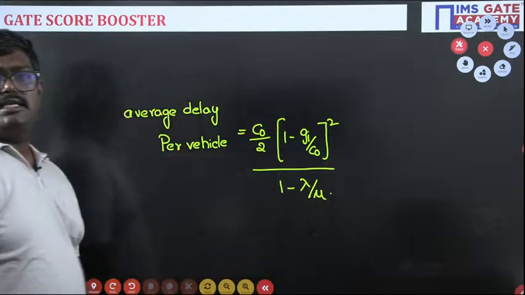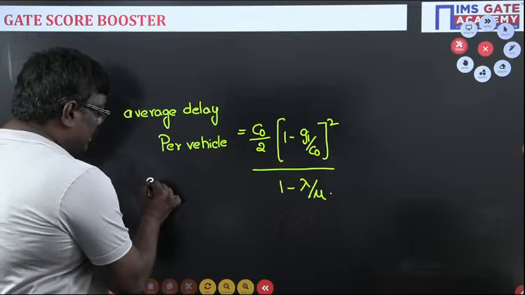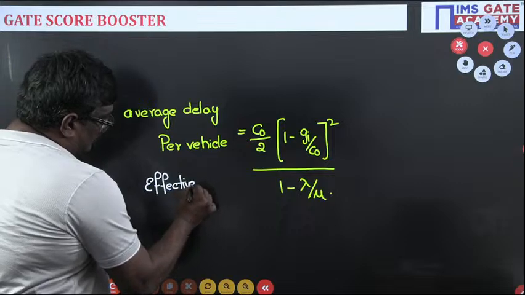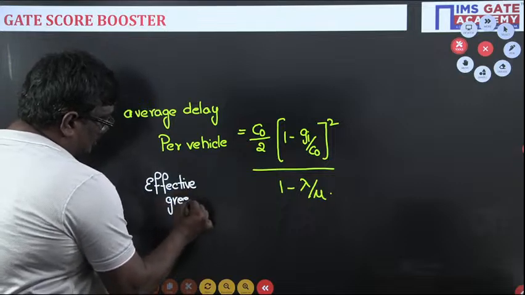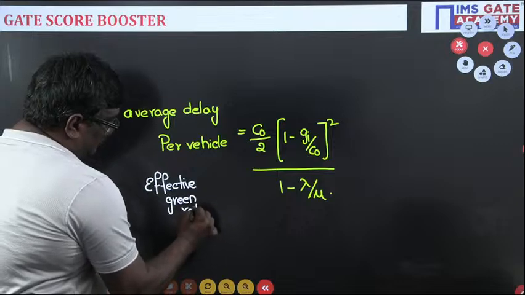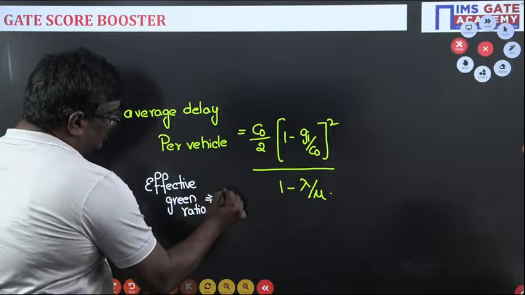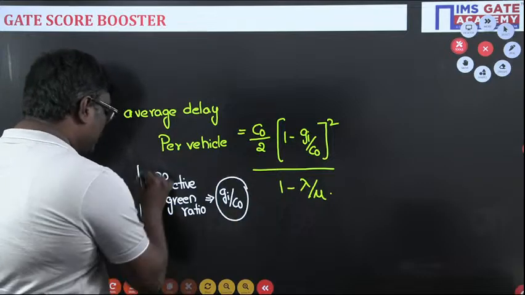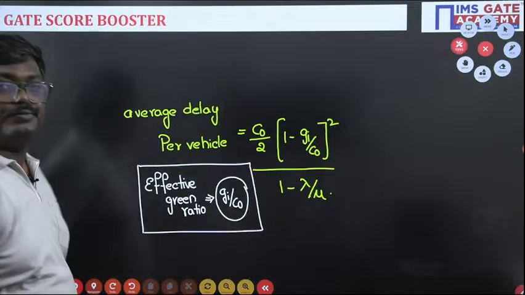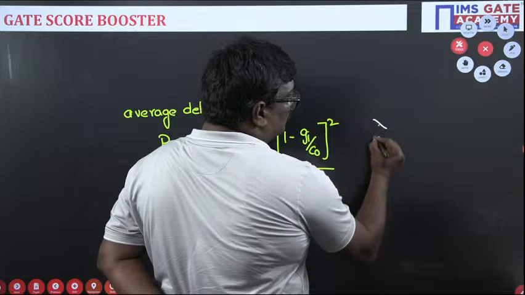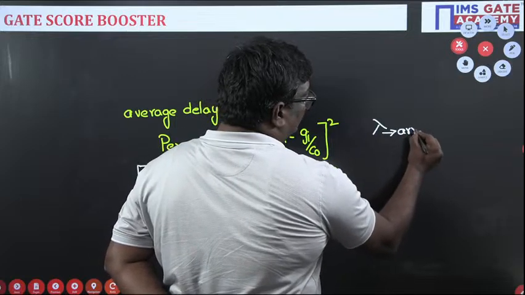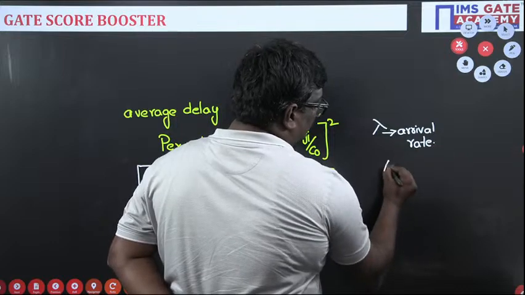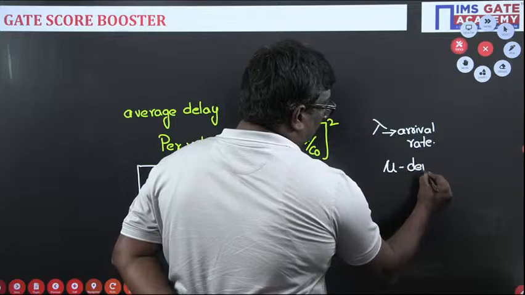See, students, what do you mean by effective green ratio? Effective green ratio is given by the formula G upon C0. This is nothing but the effective green ratio. See, students, here lambda is known as arrival rate and mu is known as departure rate.